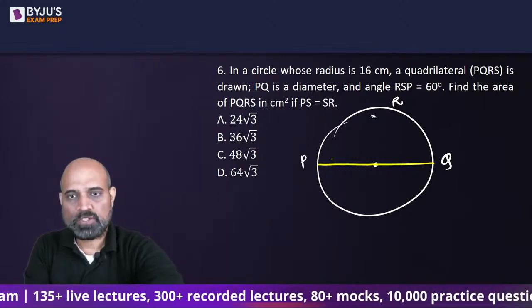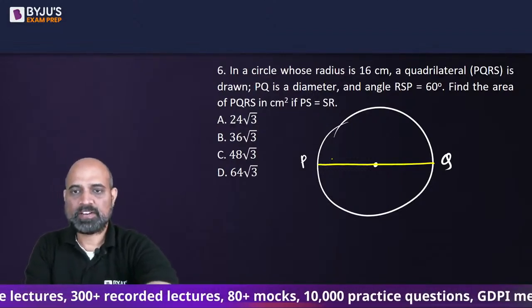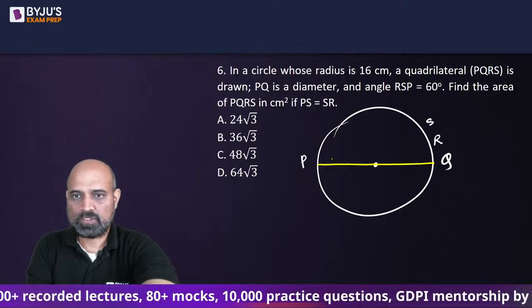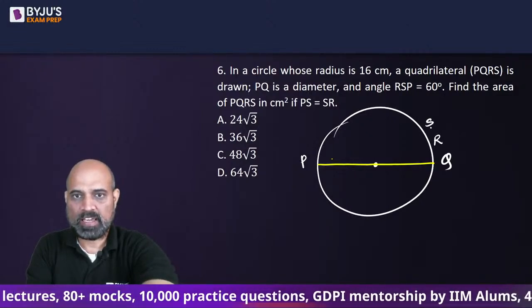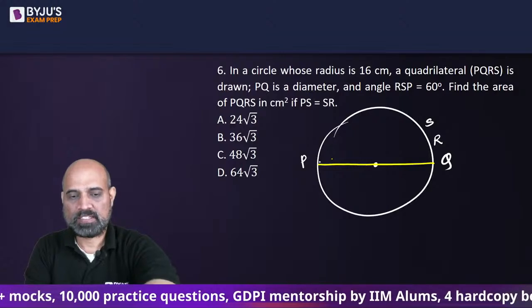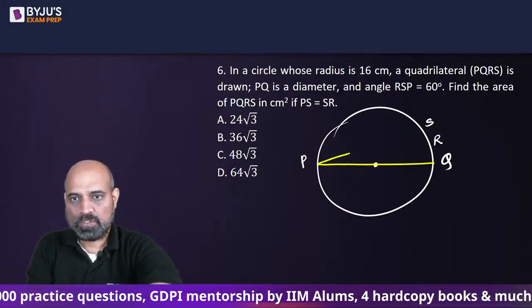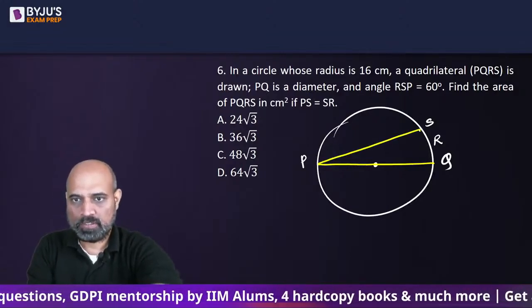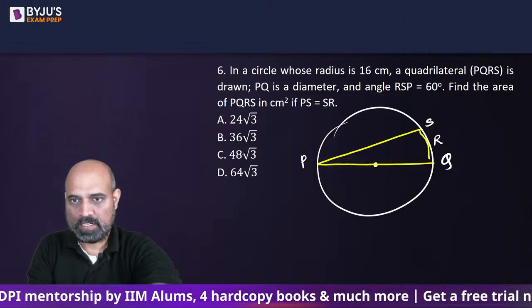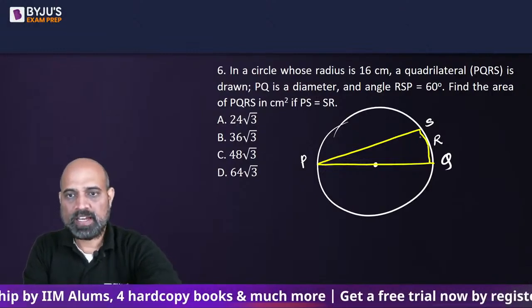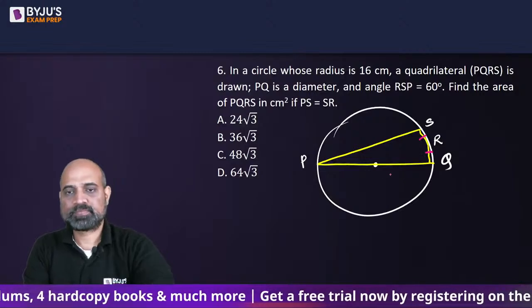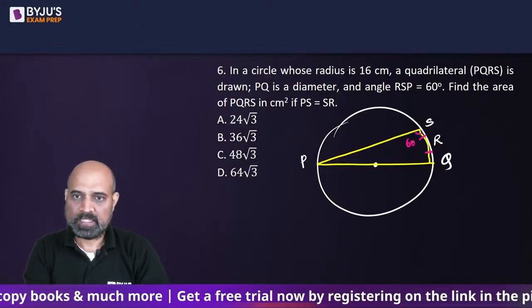Okay, this will only make sense if I have R and S close so that I get RSP as 60 degrees. So we have got this, this, and this. And it is given that these two are equal. And it is given that this is 60 degrees.